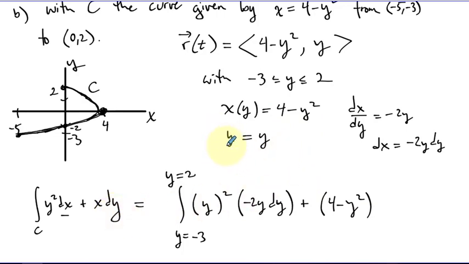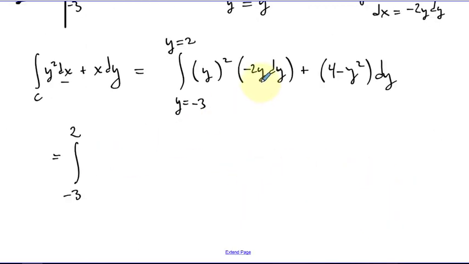The derivative of y with respect to y is 1, so the differential in y is just the differential in y. So here I have -2y cubed. This is a good one where you see that it didn't always have to be parameterized in t, as I was saying a few minutes ago.